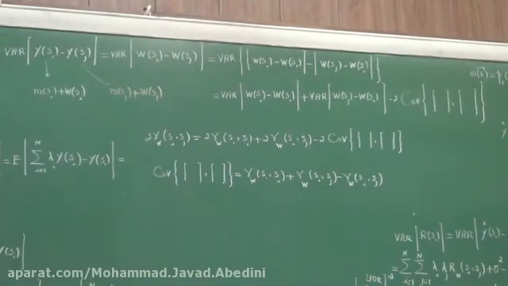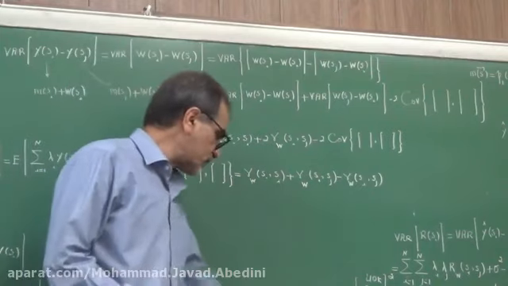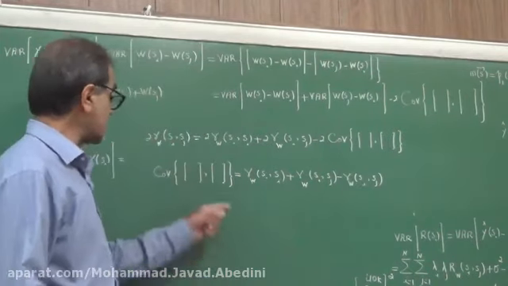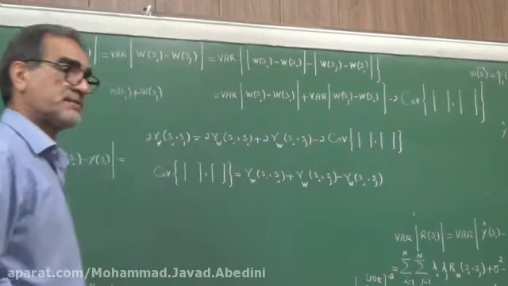Please pay attention. In step 5, you are asked to compute variance of residual. And if you want to compute variance of residual, you have to be able to compute this covariance. And this covariance can be replaced with these 3 terms here.